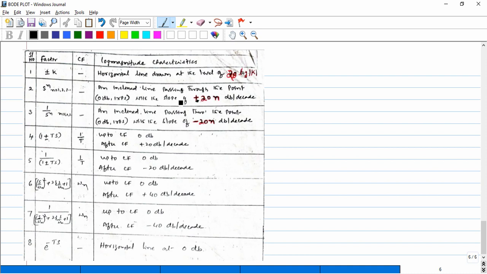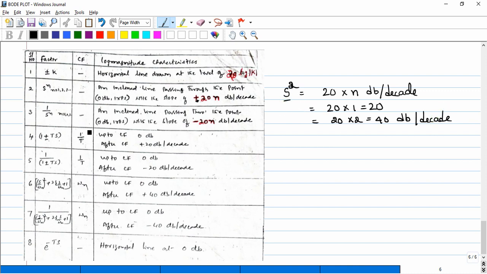So the formula: in case in our problem we get s raised to 1, what happens? Our slope will be 20 multiplied by n dB per decade. This will be the formula, and if I substitute 1, it will be 20 into 1, the final answer will be 20. What if I get s square in the problem? So 20 into 2, that will be 40 dB per decade.